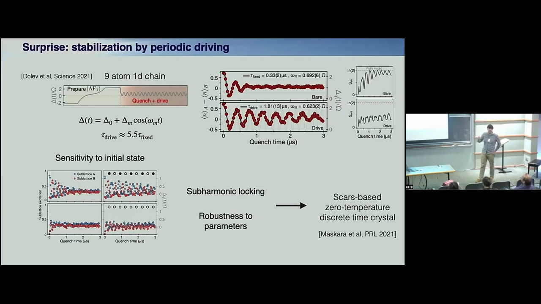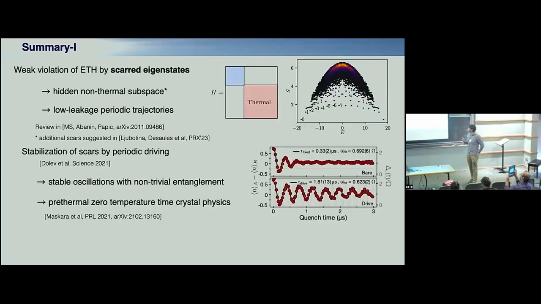So this stabilization was explained by this picture. Again, I don't want to go into much more detail about this time crystal physics. If you're interested, please look in this reference. But I want to use this as a motivation that driving is actually reasonable, right? So let's think about driven scars. Let's think about scars in the driven systems.